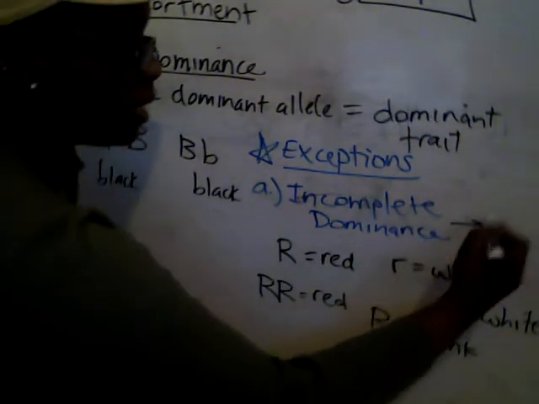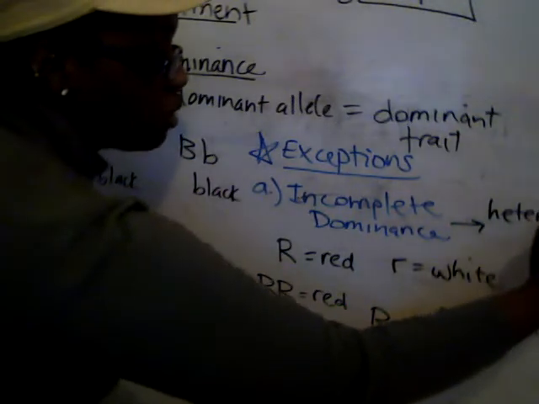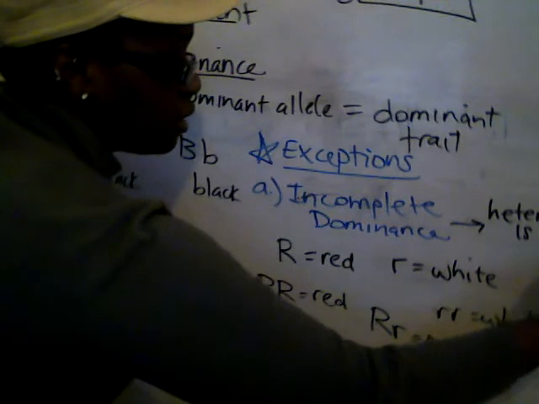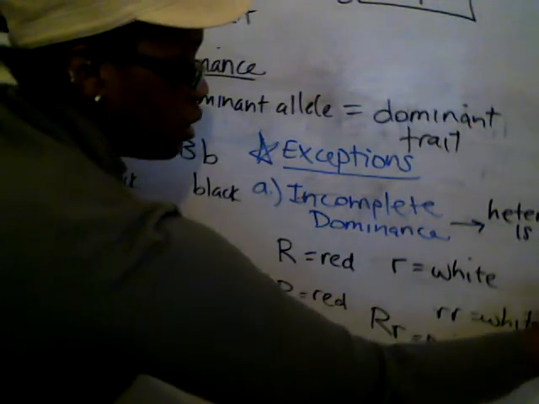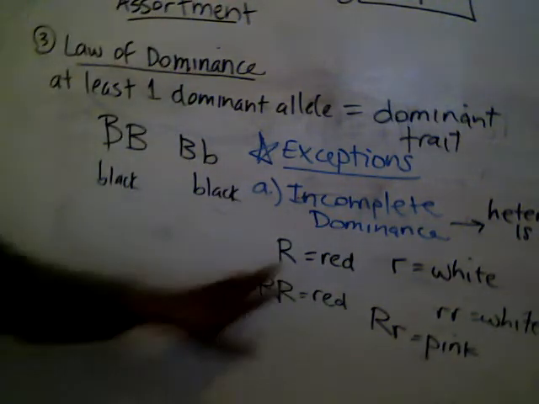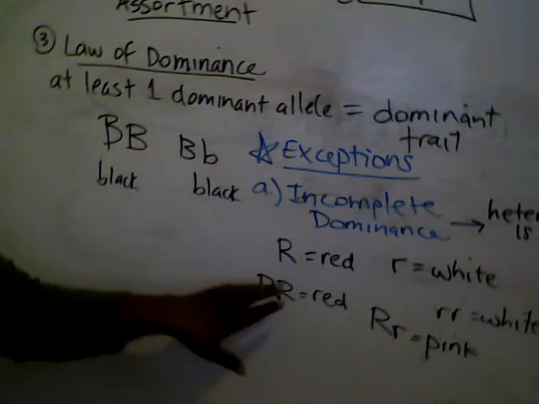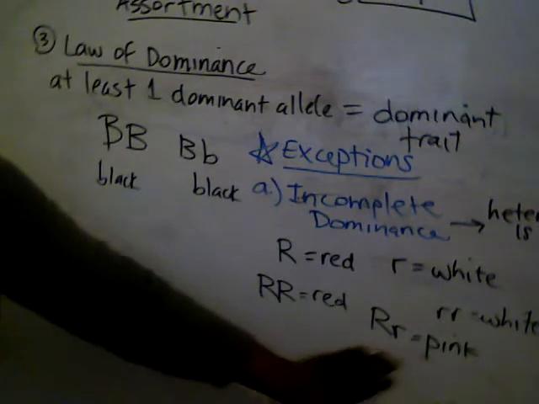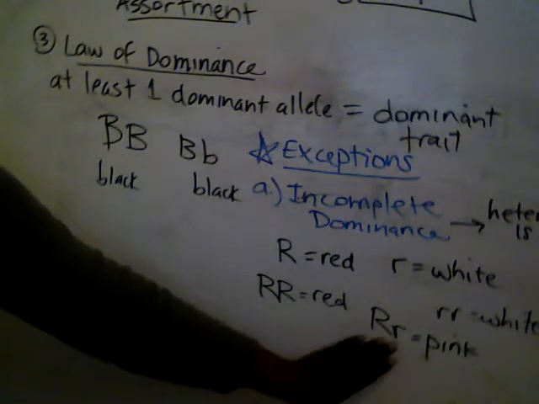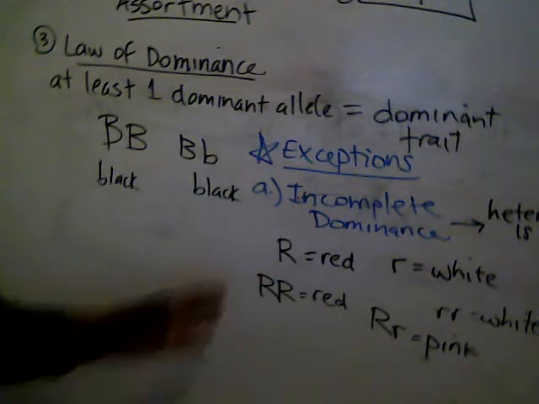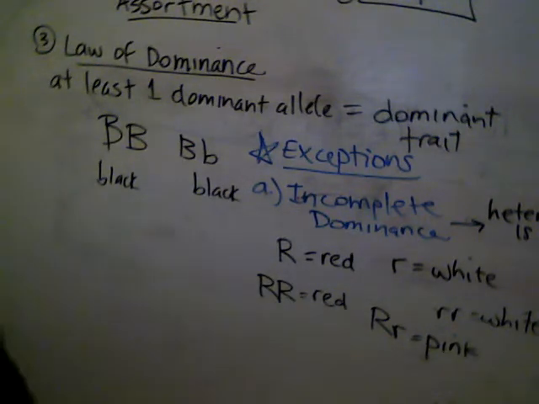So incomplete dominance, that's when your heterozygous, or the one that has a big letter and a little letter, is a blend. Okay? So red and white would give us pink. If we did our black and white, for example, this would be black, that would be white, but the big B, little b would be gray, or somewhere in between. So incomplete, only the heterozygous is a blend of the two colors, or of the two traits.